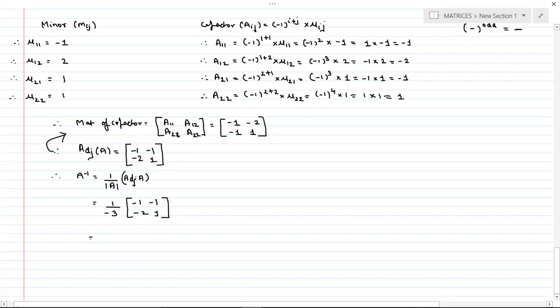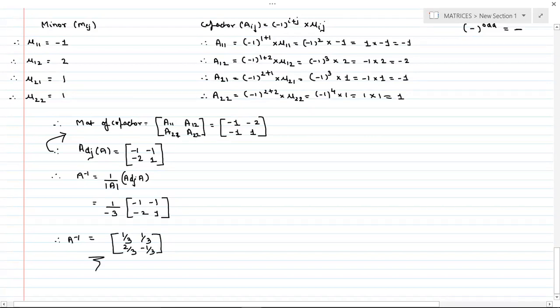After this, simply open the bracket with -1/3. Here you will get 1/3, minus minus will get cancelled. Here also you will get 1/3, here you will get 2/3, and here you will get -1/3, when you multiply each and every element. So -1/3 into -1, you will get 1/3. Same way here you will get 1/3, 2/3 and -1/3. So here we got the A inverse.